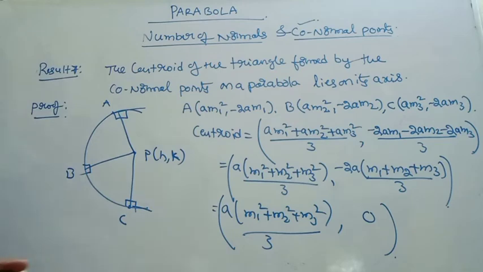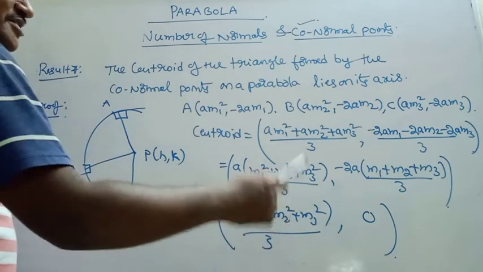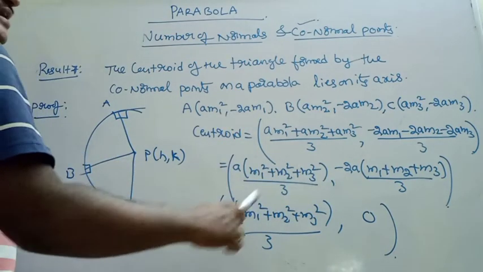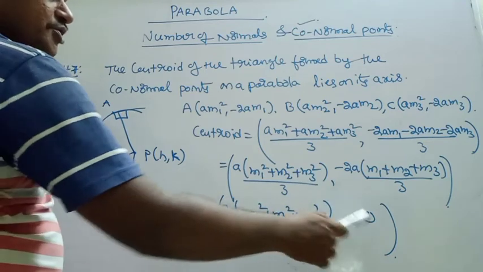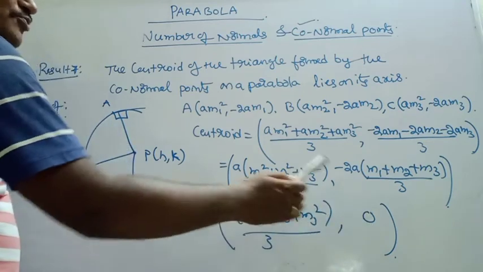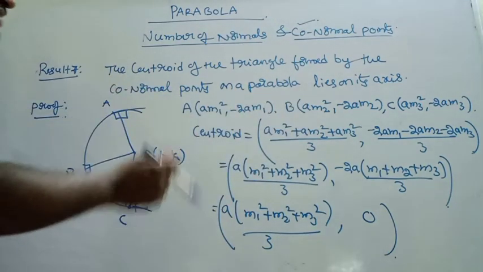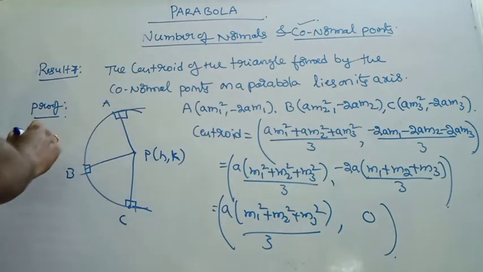Y equal to 0 is the equation of the x-axis, therefore it is lying on it. This is the point x comma 0, some x value comma 0, which lies on the x-axis, and the x-axis is the axis of the parabola y square is equal to 4ax. Therefore we have proved nicely this result.